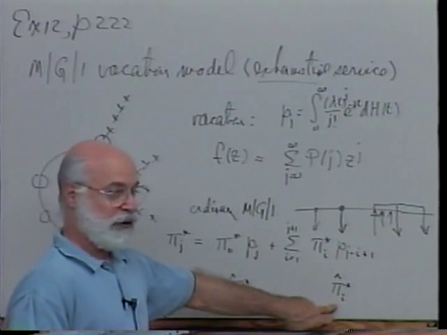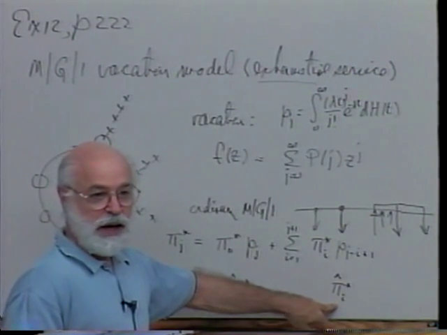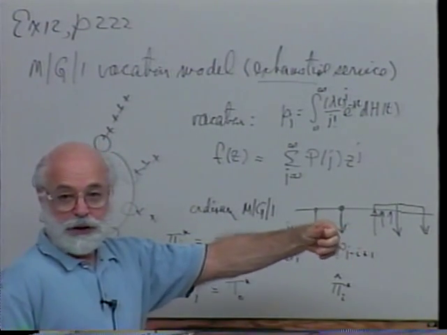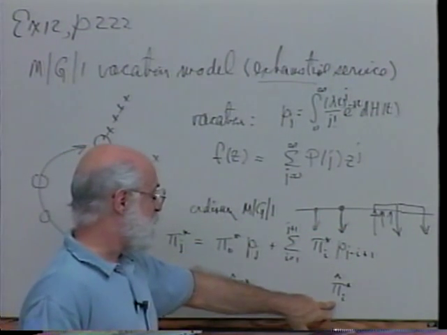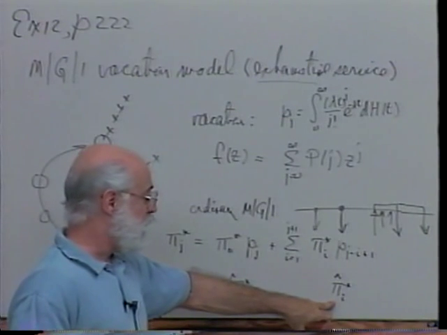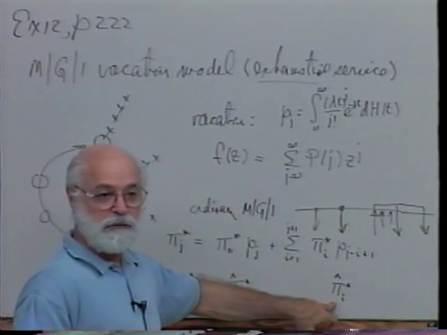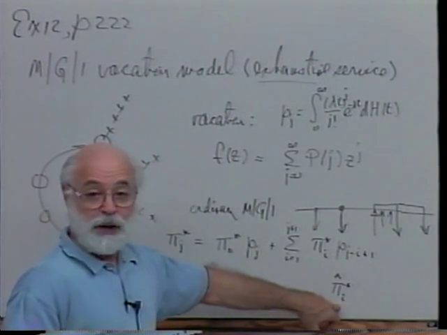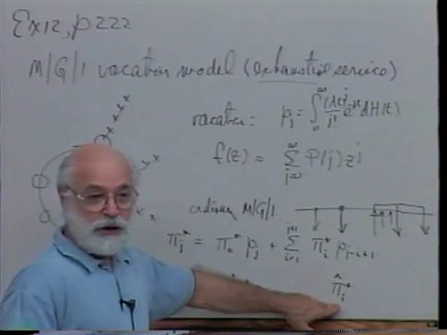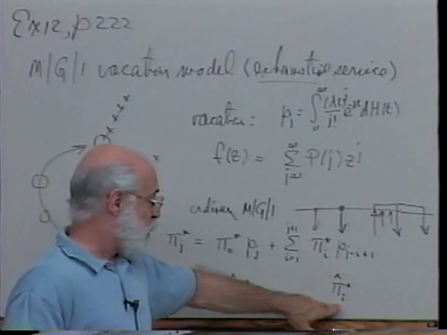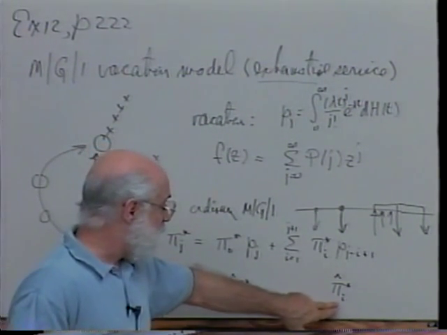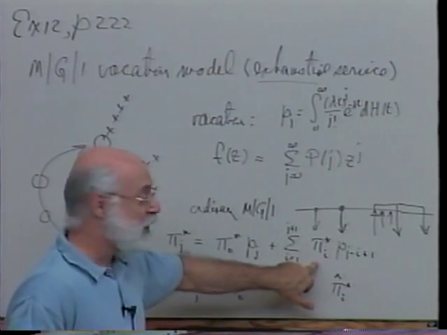Now let's look at the case where I is at least 1. If the previous customer, when he departed, left behind at least one customer, then the server does not go on vacation. If the server doesn't go on vacation, then the number that the next customer will leave behind will depend only on the number that this guy left behind, which was I, plus the number that arrived during his service time. So in fact, this term is exactly the same as this term.